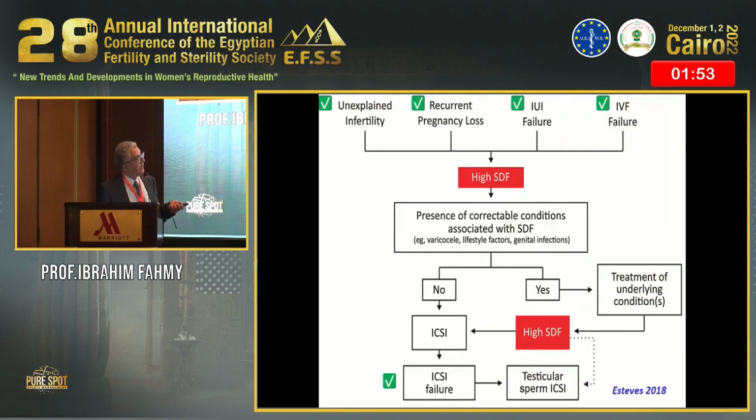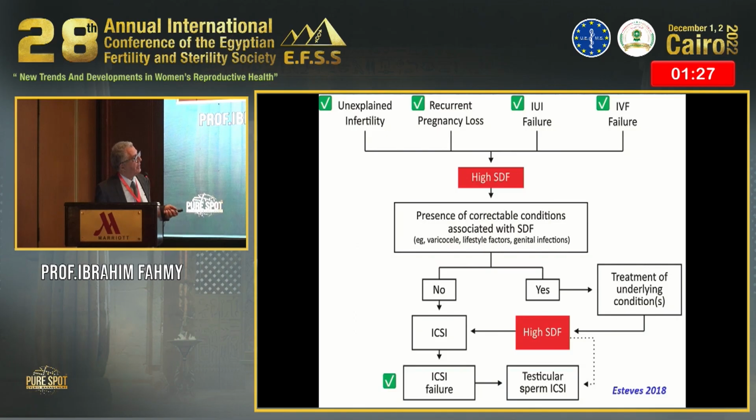And there is a scheme that we have when we have a case of unexplained infertility or recurrent IUI failure. We ask for sperm DNA fragmentation. If it is high, we can try to correct the cause if possible. If we can correct or treat the underlying conditions and it's still high, we can go for ICSI.